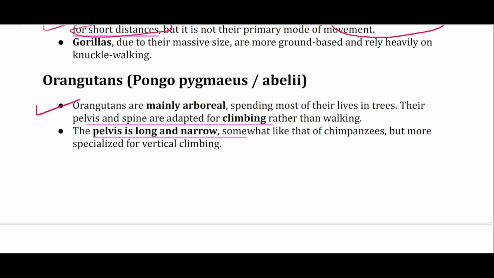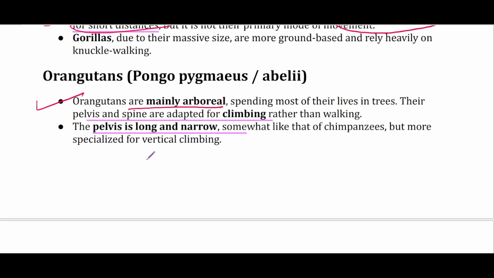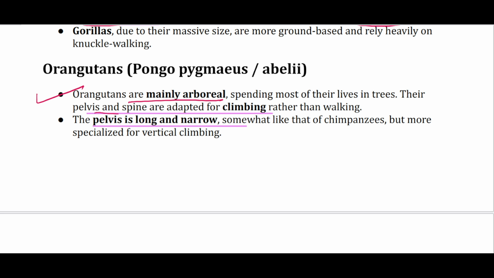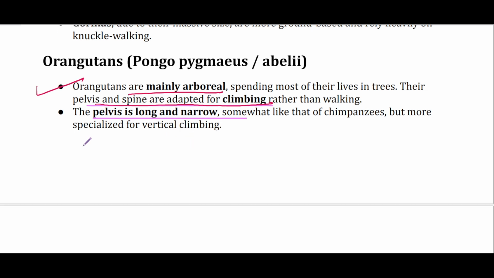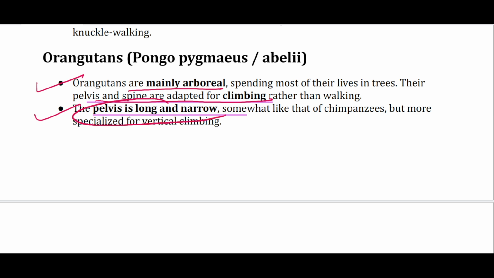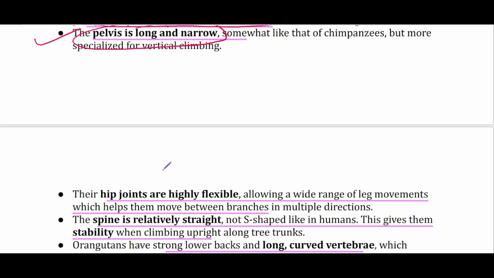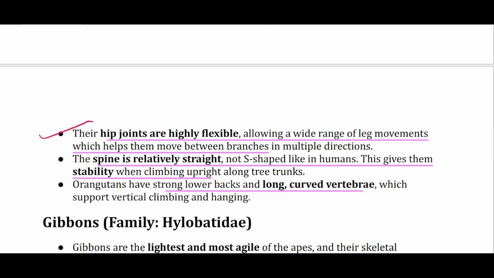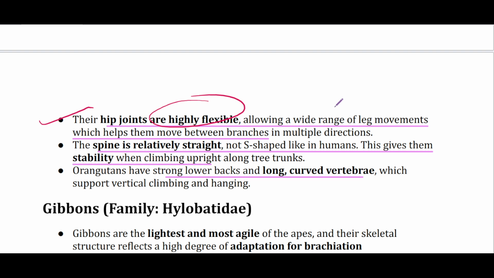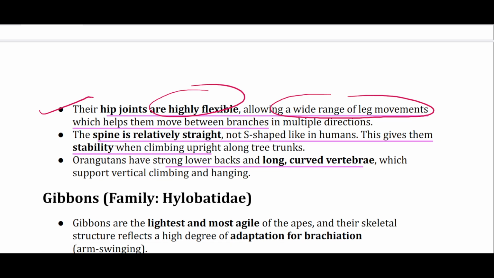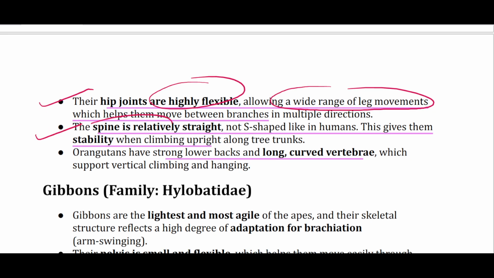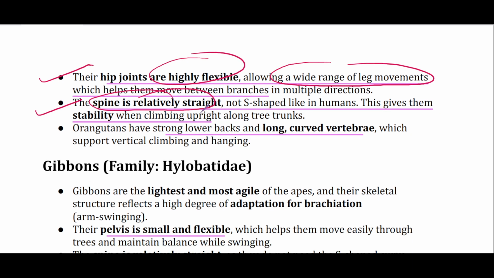Now orangutans are mainly arboreal, and their pelvis and spine are adapted for climbing rather than walking. They have a long and narrow pelvis. Then hip joints are highly flexible, which perform a wide range of leg movement. Then they have a straight spine, and finally they have strong lower backs and long curved vertebrae, which support vertical climbing and hanging.